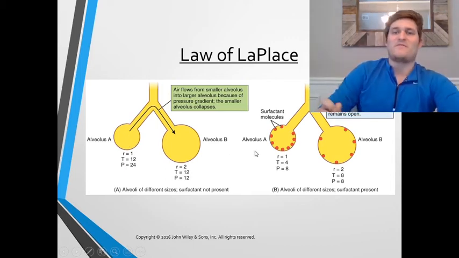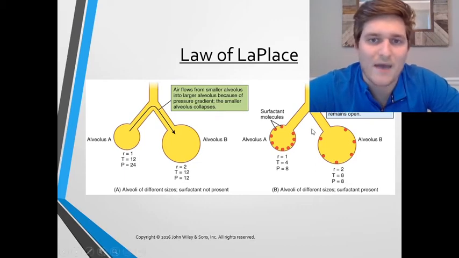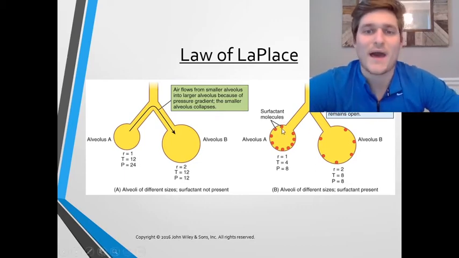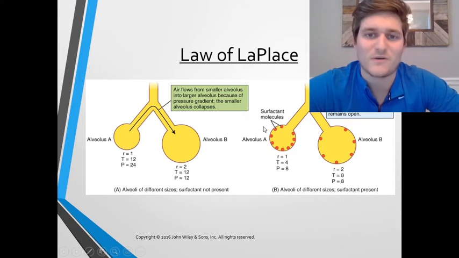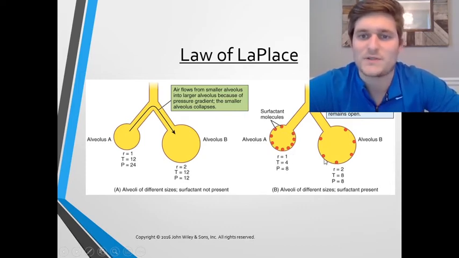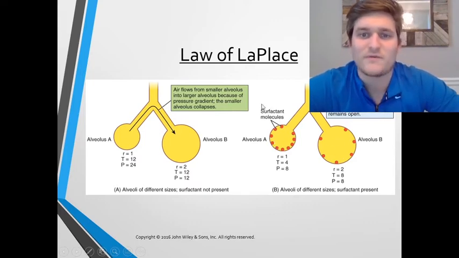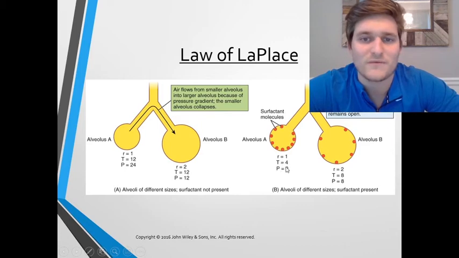But that surfactant that is secreted by type 2 alveolar cells will help to lower the surface tension within this alveoli. And so despite the fact that these are 2 different size alveoli, surfactant will reduce the surface tension, and that will help reduce the pressure within this alveoli.